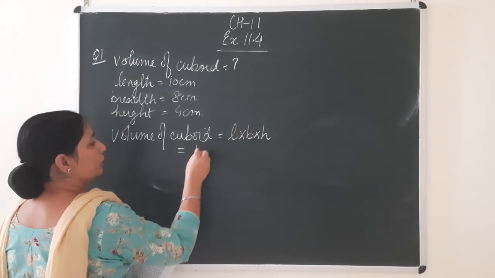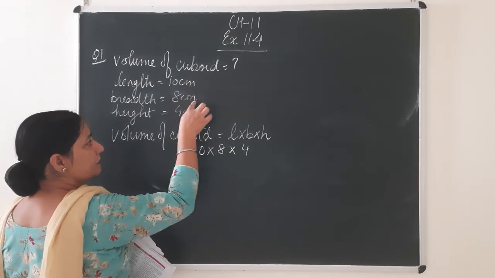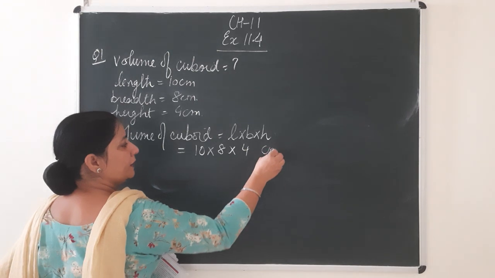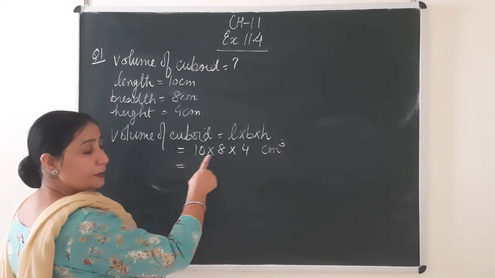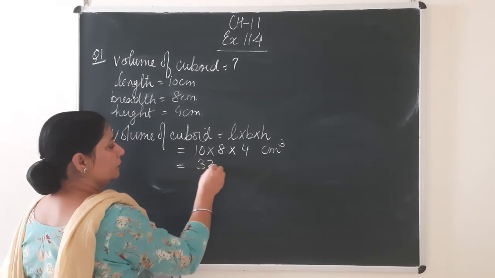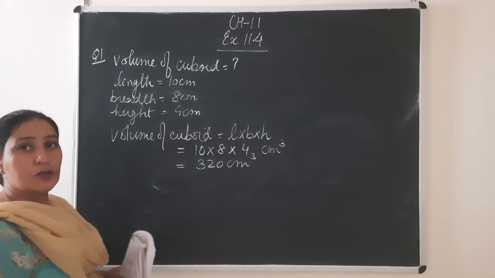So that is equal to 10 multiplied by 8 multiplied by 4. Now centimeter into centimeter into centimeter will give you centimeter cube, or say cubic centimeter. Now you multiply: 8 4s are 32, and 10 times that is 320. So 320 centimeter cube is the volume of the cuboid.